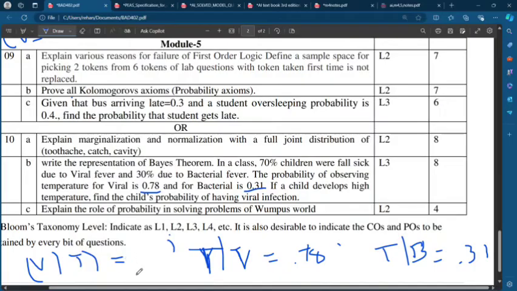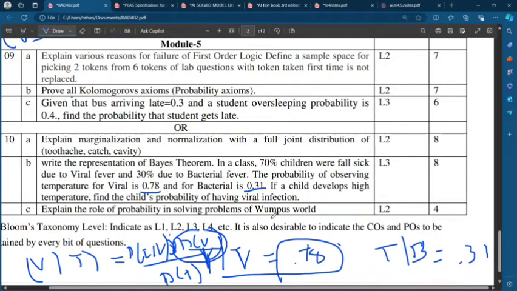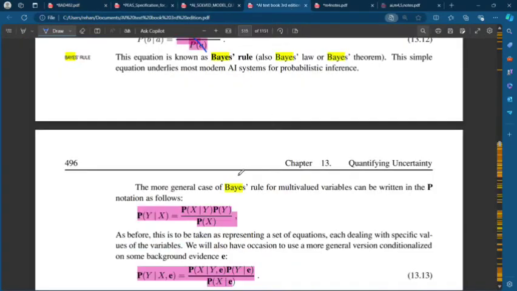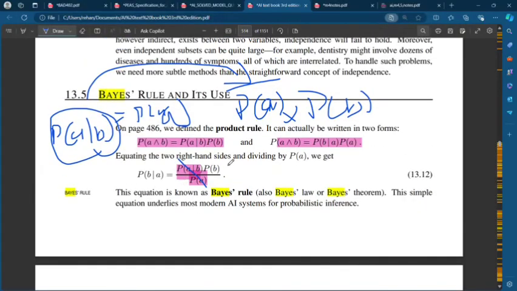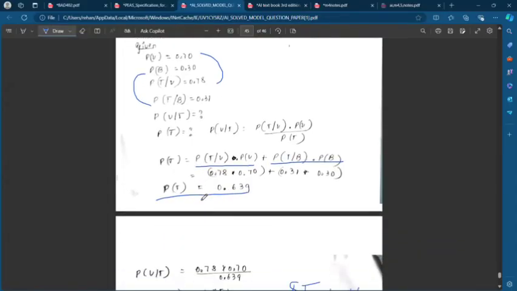So this can be written as P of T given V into P of V divided by P of T. We already know P of T given V is 0.78, and we also know P of V is 70%, but we don't know P of T. So if I have to find only P of T, how will I do it? Here he has taken P of T as P of T given V into P of V plus P of T given B into P of B.